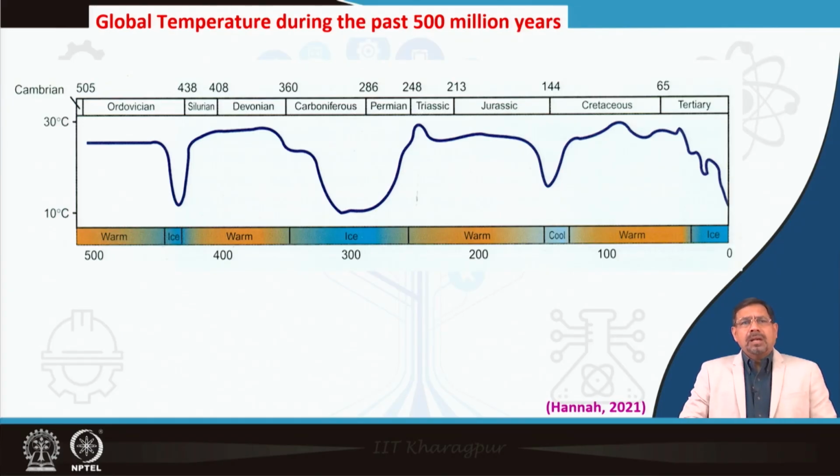this particular graph gives us the basic idea of how Earth's average surface temperature, or I would say how Earth's average temperature, has fluctuated in the past 500 million years.